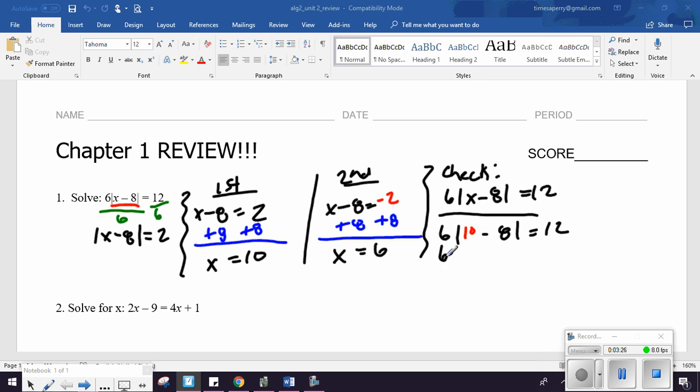First, bring down our 6. Again, you can't distribute into the absolute value bars. So 10 minus 8 is 2. The absolute value of 2 is 2. So it ends up being 6 times 2. Now, you can't take multiplication until you remove the 2 from the bar properly. Now you can multiply, so 6 times 2 is 12. So yes, this solution of 10 checks out.